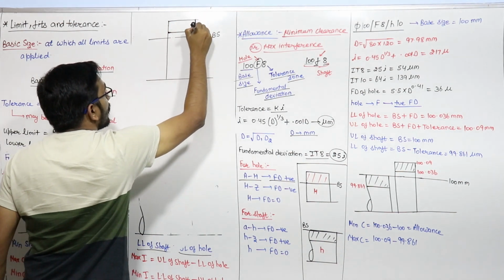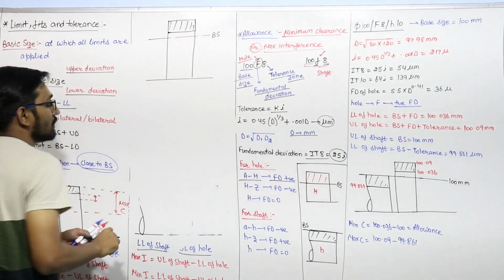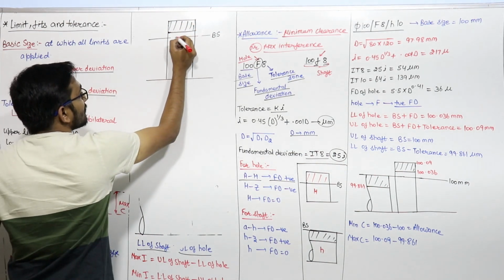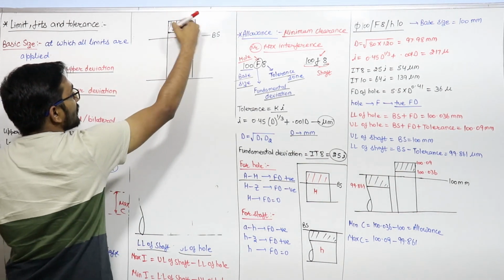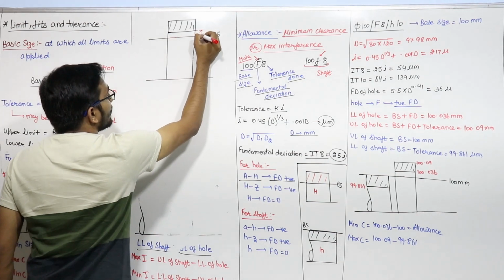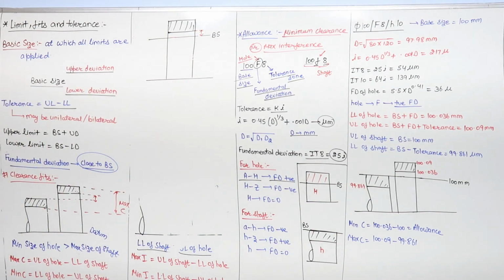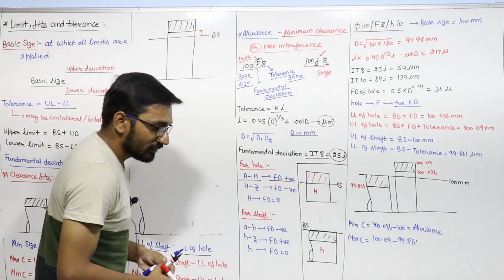This is the lower limit of the hole. So this is the tolerance zone. So I can say the limit closest to the basic size is the fundamental deviation. So this is the fundamental deviation positive. Right? So from A to H the fundamental deviation is positive.